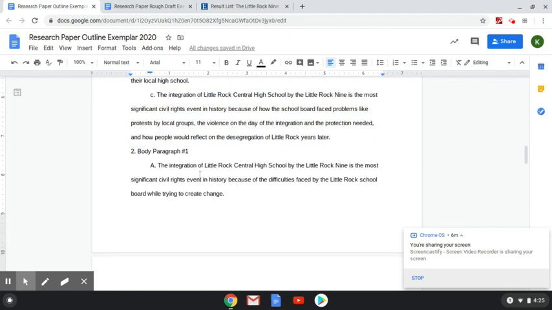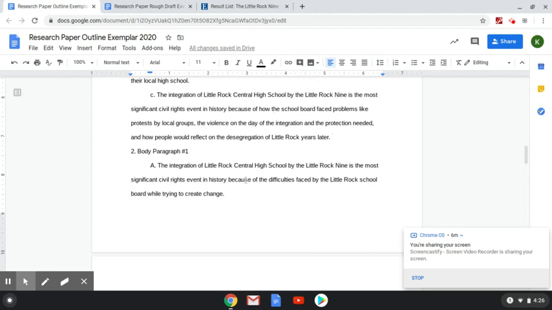Okay, body paragraph 1. The integration of Little Rock Central High School by the Little Rock Nine is the most significant civil rights event in history, reiterating the claim from the thesis, right, which is good, because of the difficulties faced by the Little Rock School Board while trying to create change. So even though this phrasing is a little bit different, it's still acceptable, right?